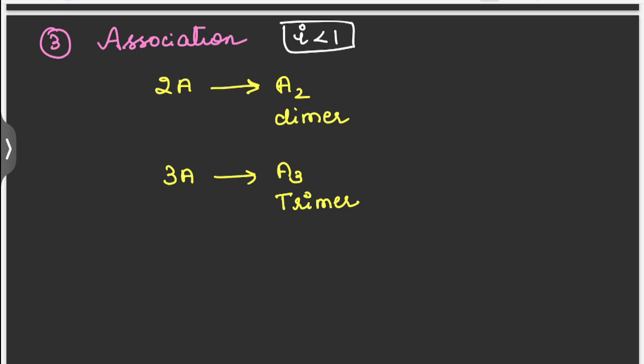Here remember that this will give you the value of n. So n value will be equal to 2 here, and in this equation n value will be equal to 3. From here we are going to write the value of n.